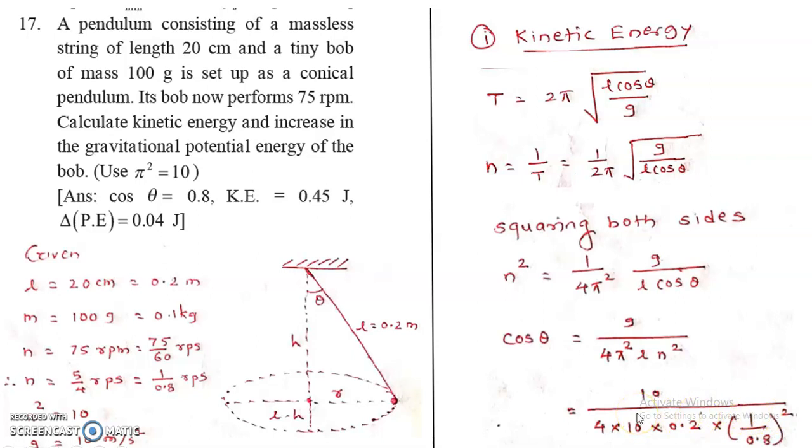By cancelling 10 and 10 and solving this, we get cos theta as 0.8. So theta is equal to cos inverse of 0.8, which is 37 degree.